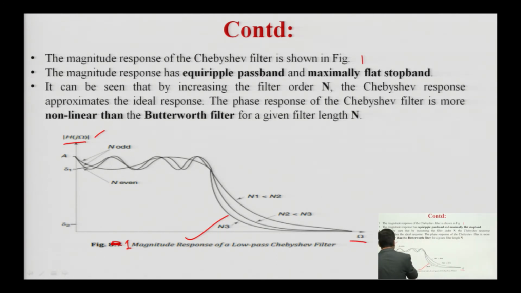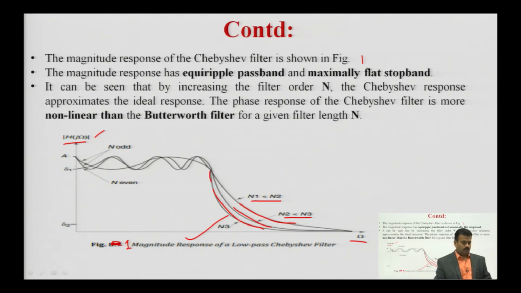Now, this graph varies as per the order of the filter. You see here n1 is less than n2, n2 less than n3. So as the order of the filter decreases, it goes towards this side. This variation will come whenever the order of the filter varies.